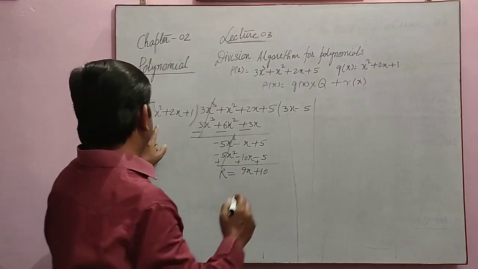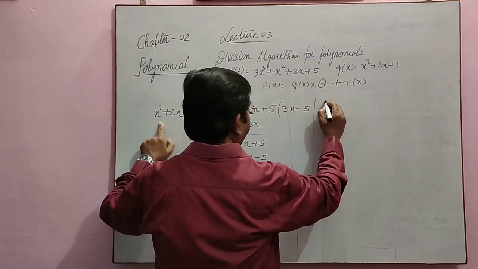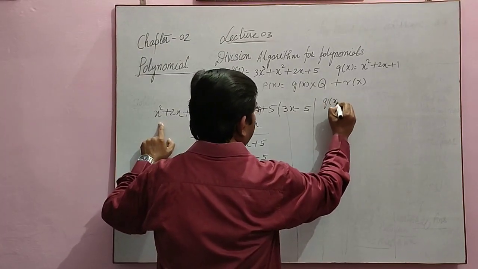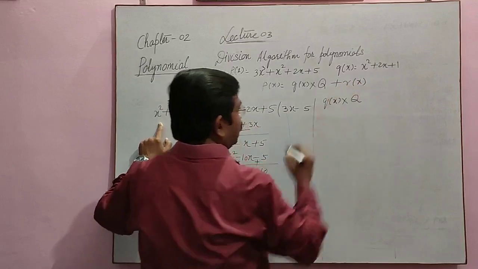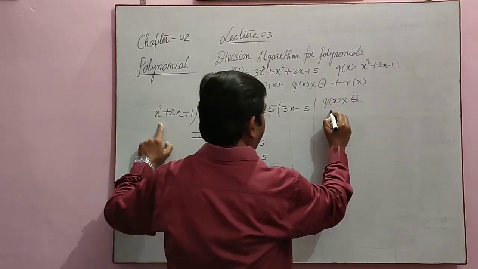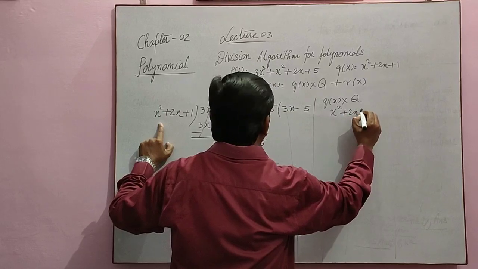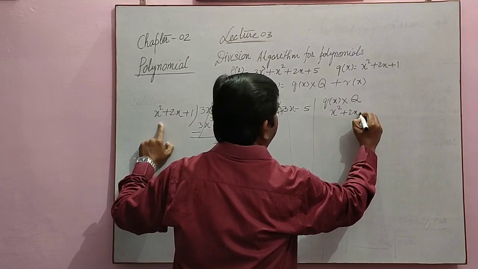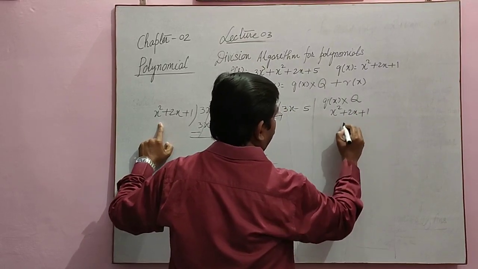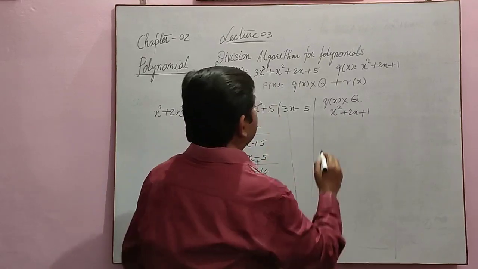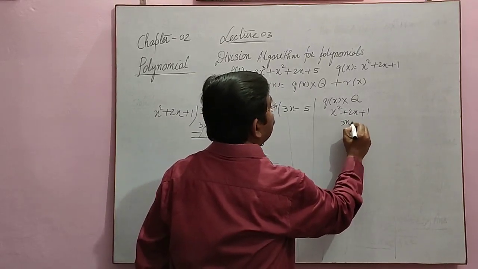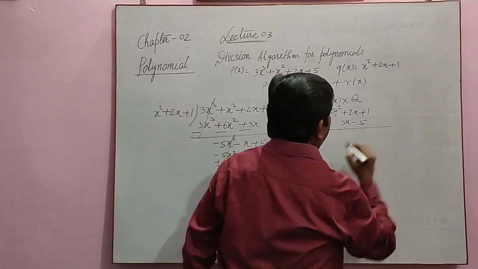We multiply this. I am checking it. Divisor into quotient: x square plus 2x plus 1 multiplied by 3x minus 5.